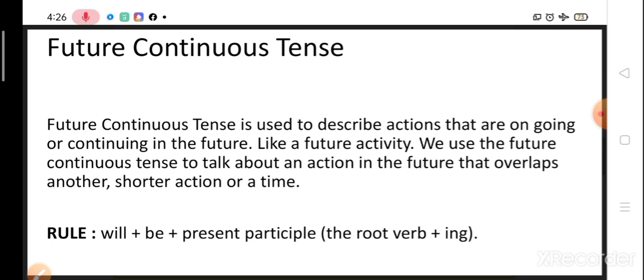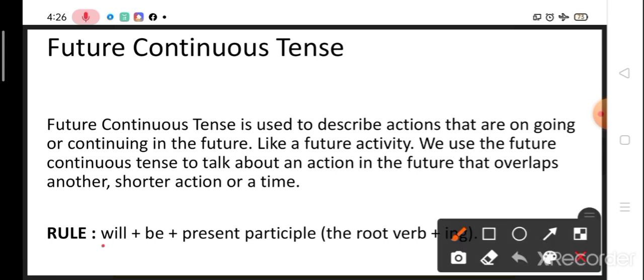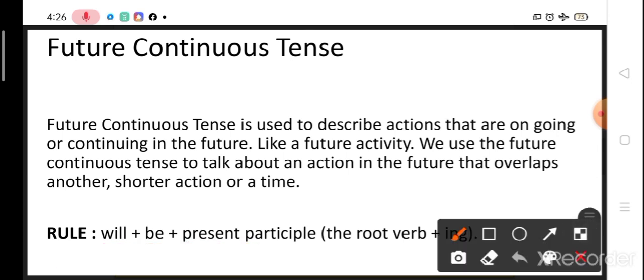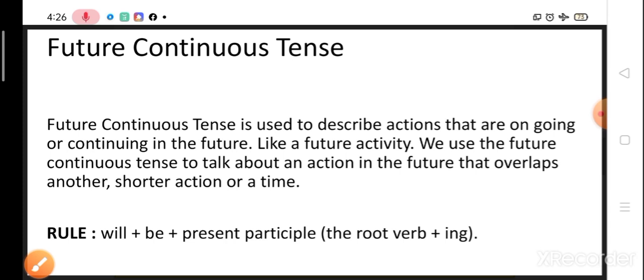Again, the rules are all very simple, children, only you have to learn it. It is will plus be plus present participle form of the verb, that is ing form of the verb. So will plus be plus ing form of verb, that is we have to use.